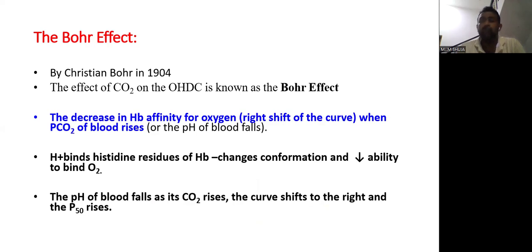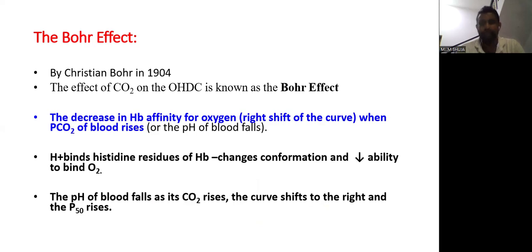What will happen when the carbon dioxide is increased? For example, during exercise, you have to give more oxygen to the tissue. So your hemoglobin will release more oxygen. That means hemoglobin affinity for oxygen is reduced. That is a right shift.